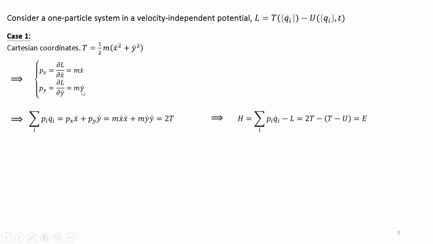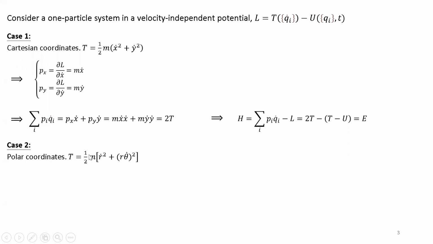And for the case of the Cartesian coordinates, we show that it is. Next, let's use polar coordinates. I want to know whether in this case the sum will again give me 2 times the kinetic energy.